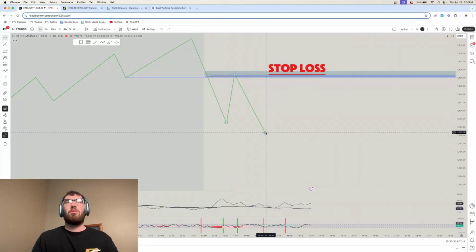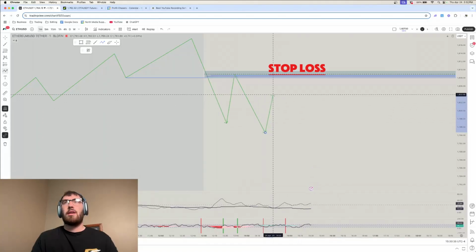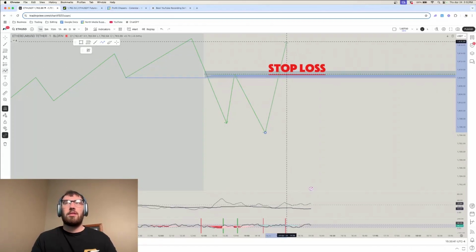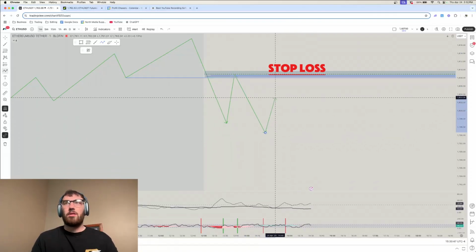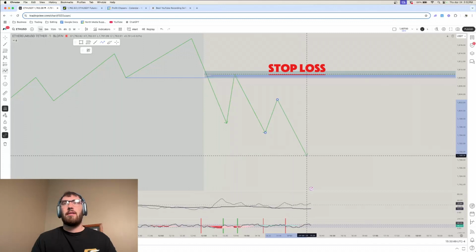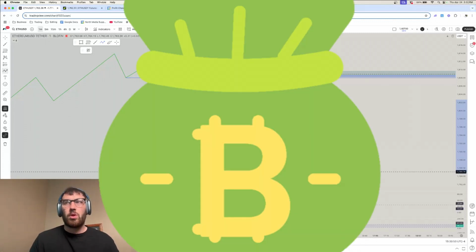So if the chart randomly wants to bounce off of this level down here and come back up, it is going to be stopping us out, because more times than not, you'll see that this likes to continue through your stop loss and continue to the upside, having a big fake out right here. But that is not the goal here. The goal is to still create lower highs and lower lows all the way stair stepping down to your 1 to 4 risk to reward, if not more.